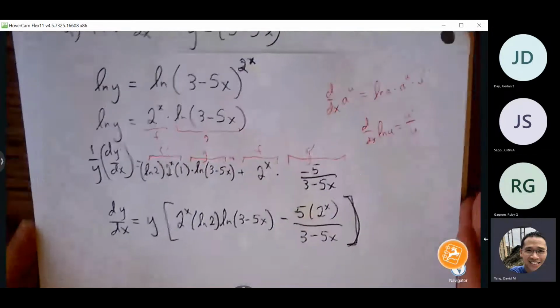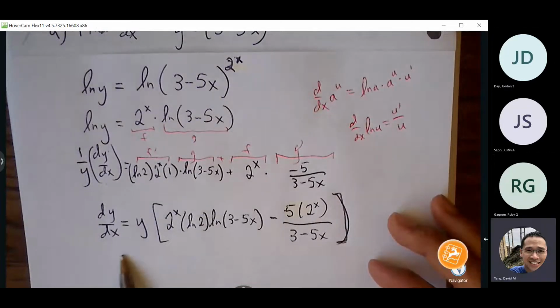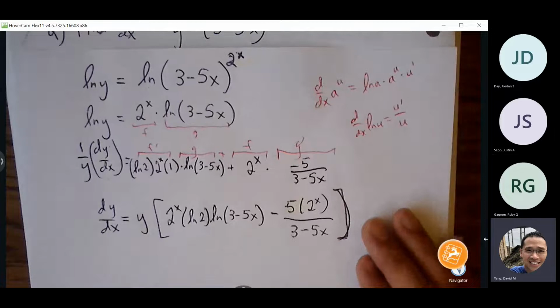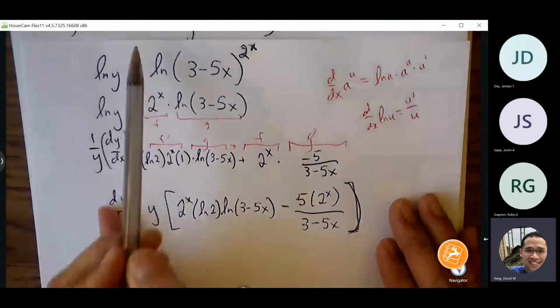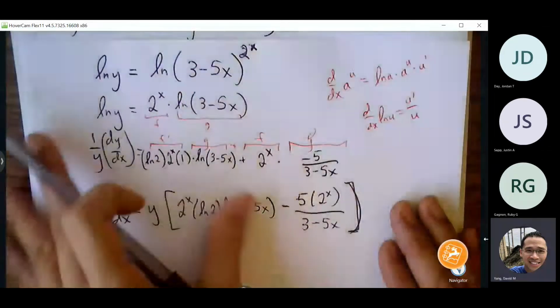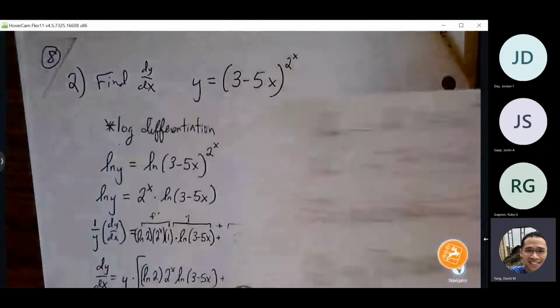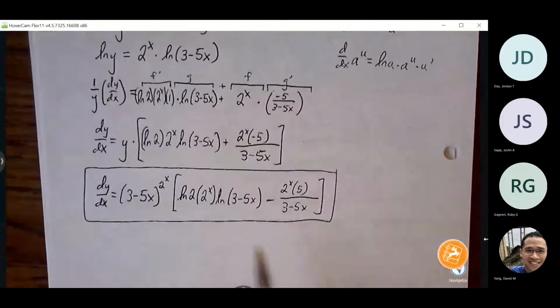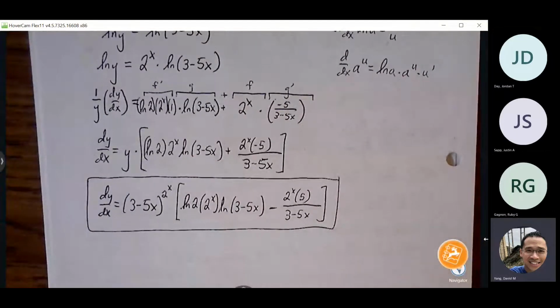So that makes our answer messy, but there's one more thing we can do. We want to represent our derivative just in terms of x. So what's one final substitution we can make? The y function. Yeah, let's replace that y with the original function, 3 minus 5x raised to the 2 to the x.